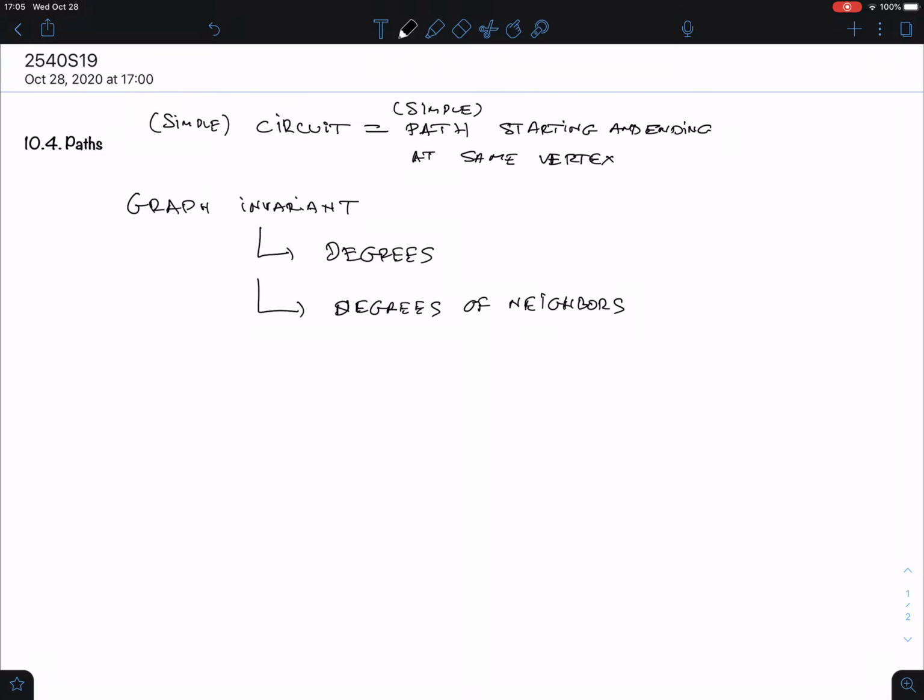I'll do examples in a sec. What you want is that if you take a vertex in the first graph with a certain degree and a certain degree set of its neighbors, then that vertex has to be sent to a vertex which has the same degree and the same degrees of neighbors, not the same neighbors, of course, because they're different vertices. And the third one is path lengths, and particularly circuit lengths.